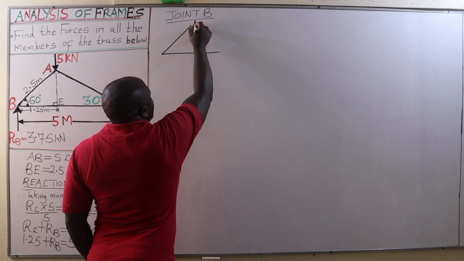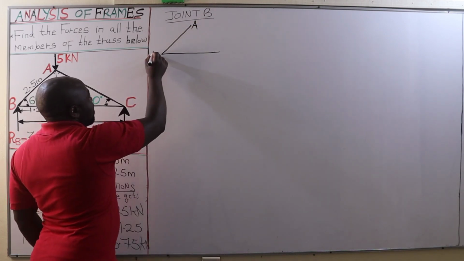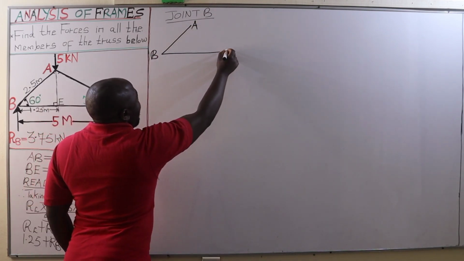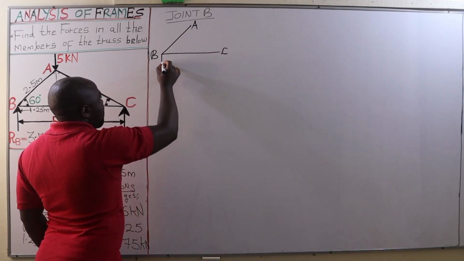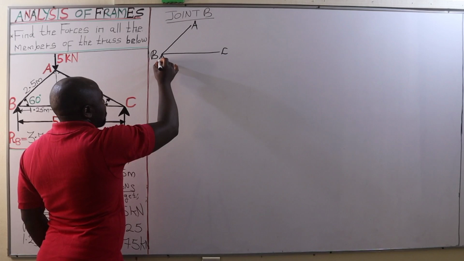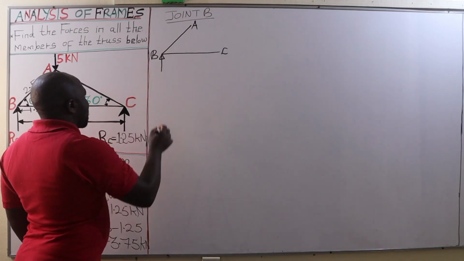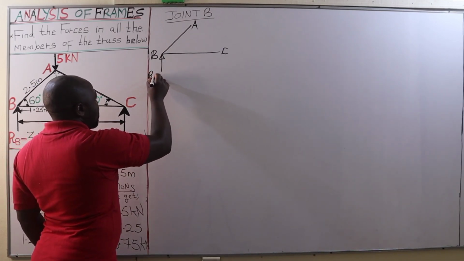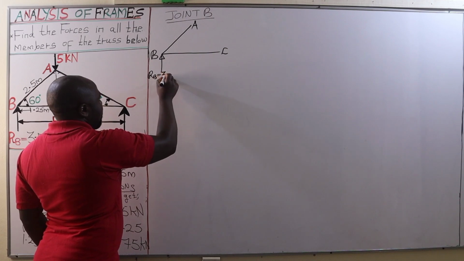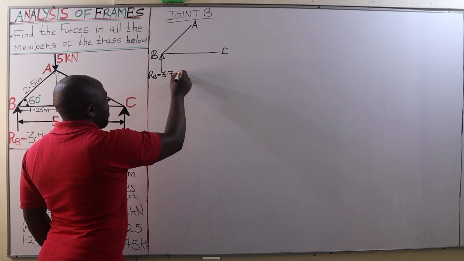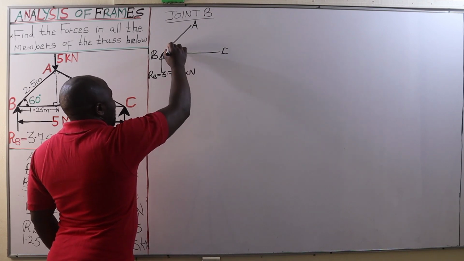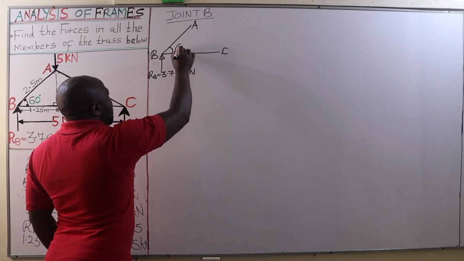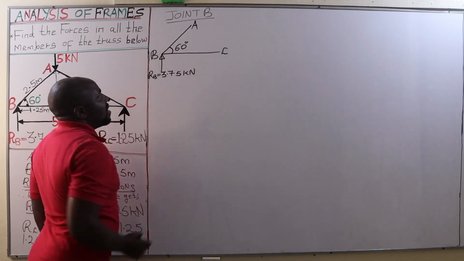This is A, this is B, and that is C. At B, we have a reaction whose value is 3.75 kilonewtons. Angle ABC is 60 degrees.